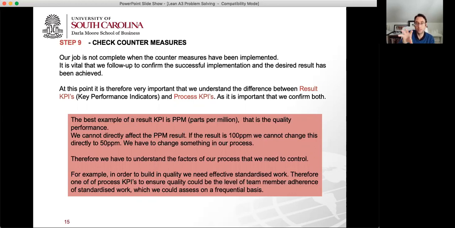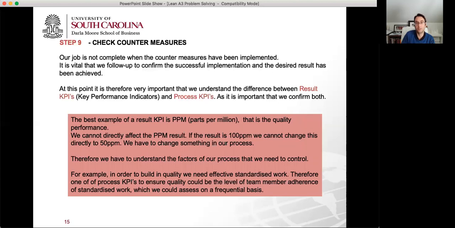If we're looking at the parts per million only, we might see it going up and down, and we don't know why that's happening, right? So it's always good to create what you call the process measurements, which are looking at the X variables that we think impact Y.